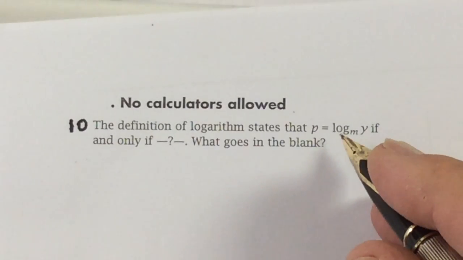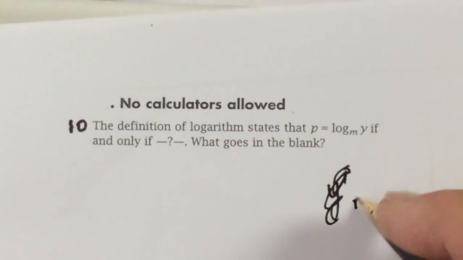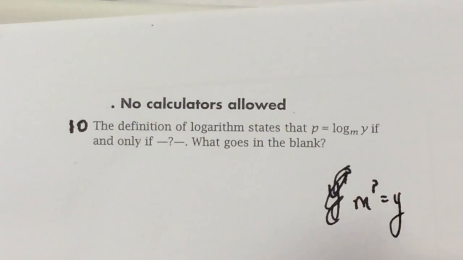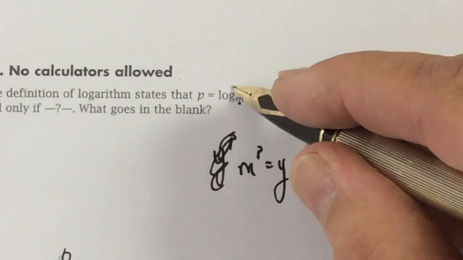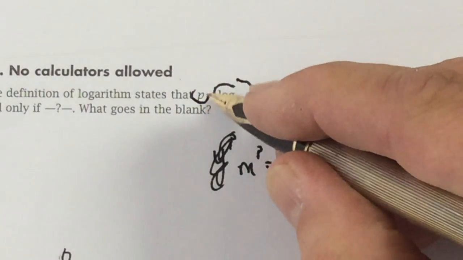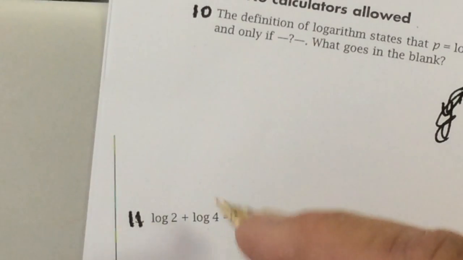The definition of logarithm. This is true if m to the p is equal to y. Okay. This is an exponent. A log is an exponent, which means p is going to be the exponent. m is the base, and y is what you get. And here are a few more of these questions.